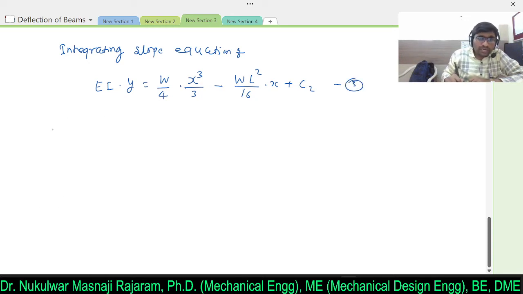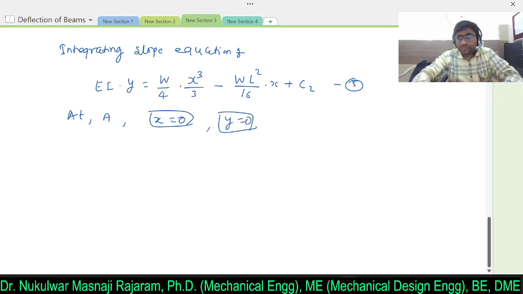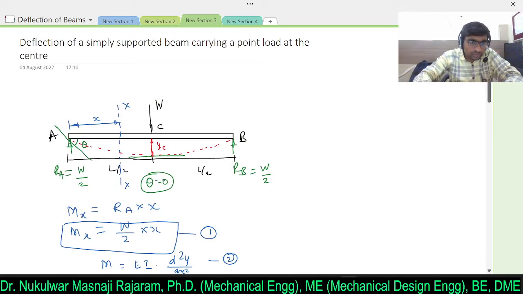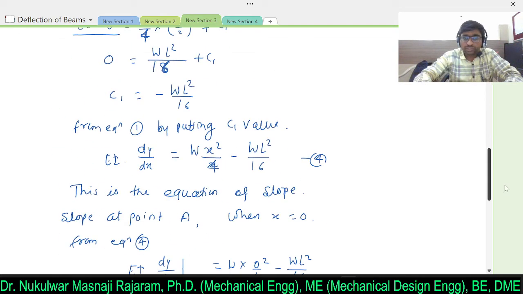Now just put the boundary condition at A, or we can say x is equal to 0, y will be 0. So if you just observe the diagram, at A y will be 0, at C y equal to yC, and at B y equal to again 0.